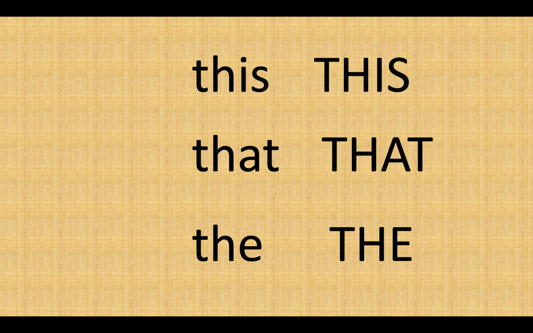So if I just randomly say the bowl, we don't know what I'm talking about. But if I said I want my cereal, where is the bowl? We know that I'm talking about the bowl I need to eat my cereal with, so I use the. So there are three words: this, that, and the.